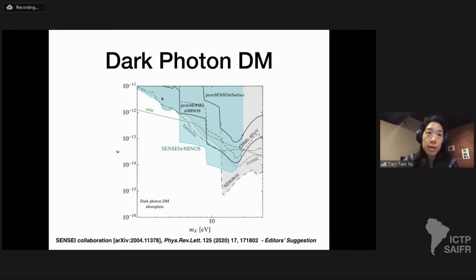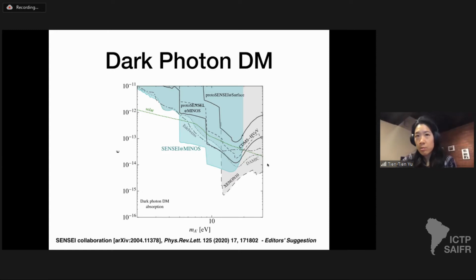So what I'm showing here now is the dark photon mass. Now the dark photon is the dark matter, it's not the mediator. And now it's in eV. Sorry, the tick marks are not great, but this is 1 eV here, 10 eV here, and 30 eV here. And the y-axis is epsilon, this kinetic mixing parameter that we saw in Camilo's talk. And likewise, the cyan region is the Sensei constraint.